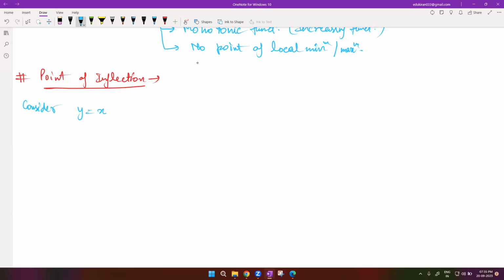y is equal to x cube. First of all, I would like to show you the graph of y is equal to x cube, something like this.